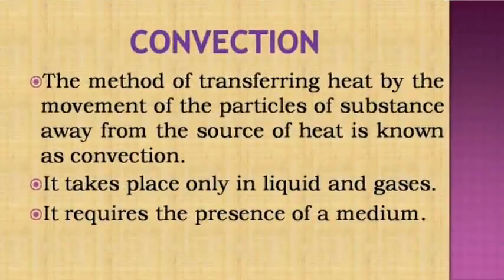The second mode of heat transfer is convection, in which heat gets transferred by the movement of particles of substance away from the source. It takes place in liquids and gases and requires a medium.